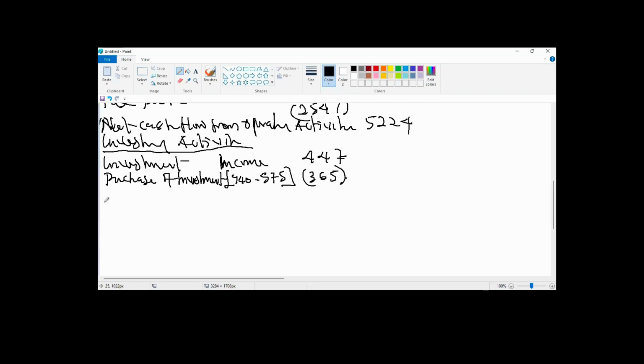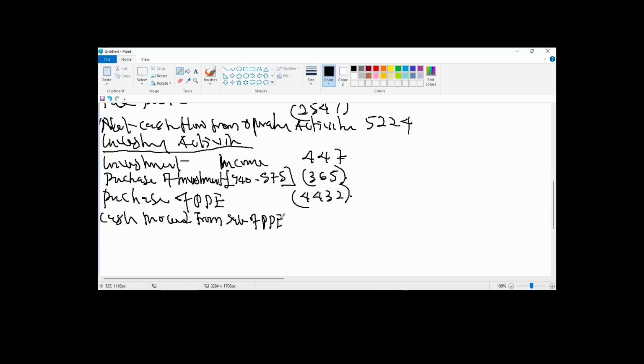Purchase of PPE. They've given me addition to PPE. How much is the purchase of PPE? 4432. Then cash proceeds on sales of PPE. So purchase of investment is 165, not 365. 940 minus 575.